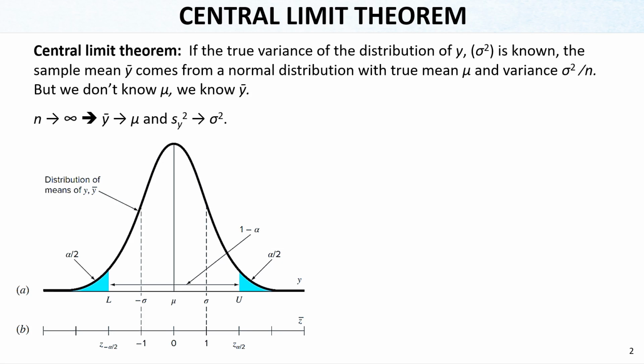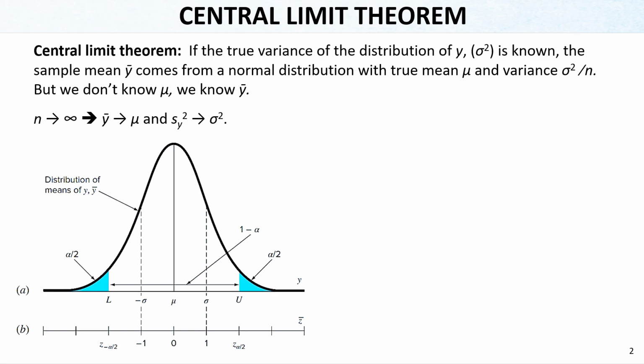We also need to define the central limit theorem to continue on the confidence intervals, because we will have a limited sample and we will have a confidence on that limited sample which comes from a certain distribution, and that distribution is usually normal distribution according to the central limit theorem.